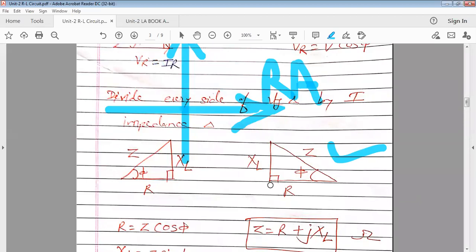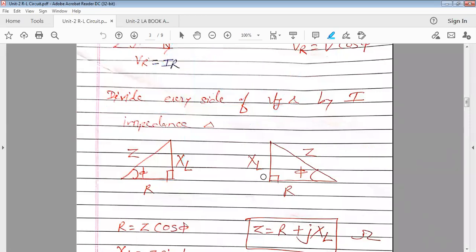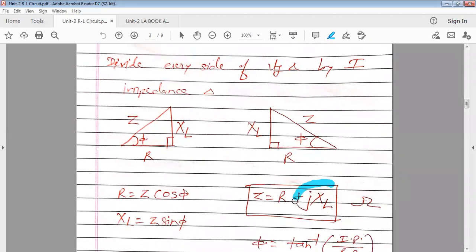Because whenever an inductor is there in an AC circuit, XL always comes along the positive imaginary axis, and resistance always comes along the positive real axis. That's why Z is plus jXL for purely inductive.